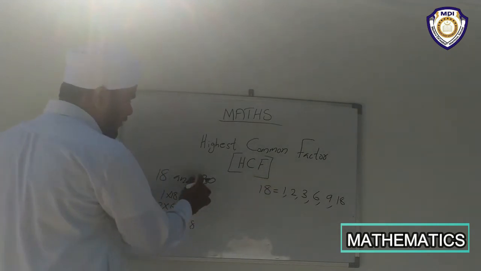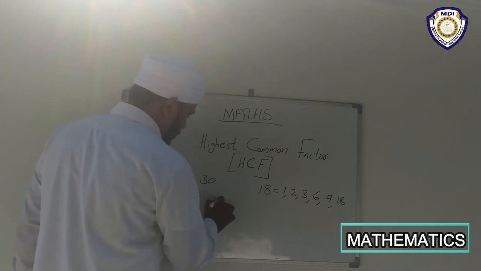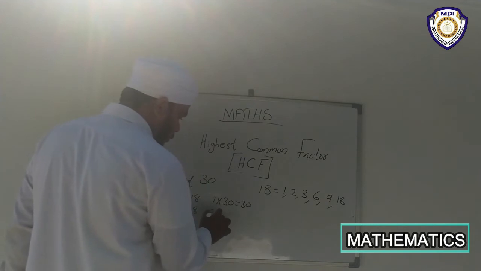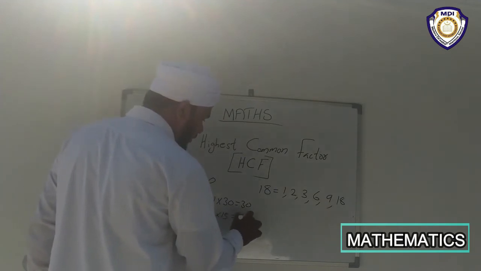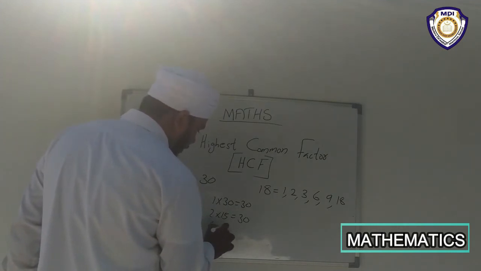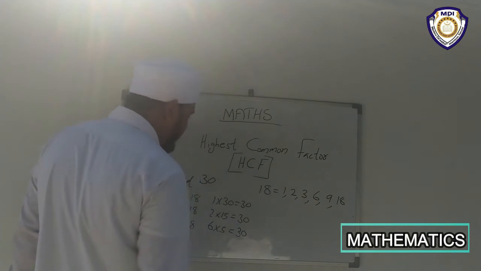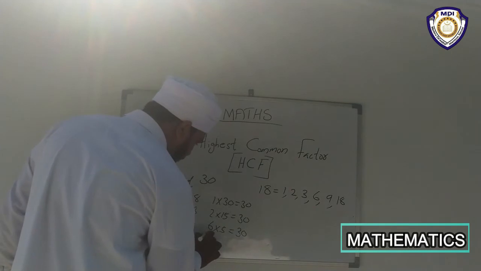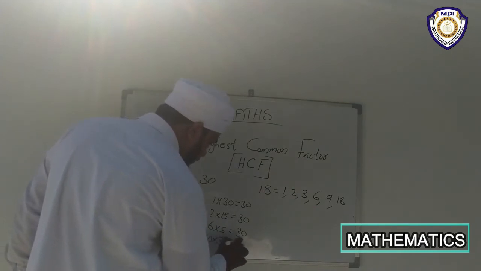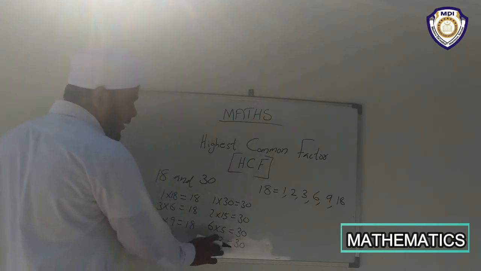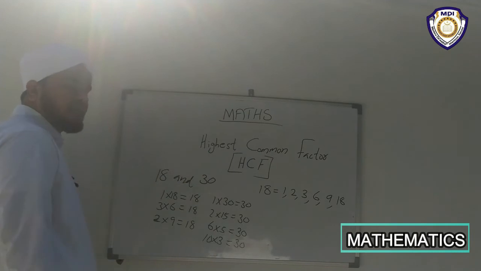Then factors of 30: 1 into 30 is 30, 2 into 15 is 30, 6 into 5 is 30, 10 times 3 is 30. Then, is there anyone else? Okay.